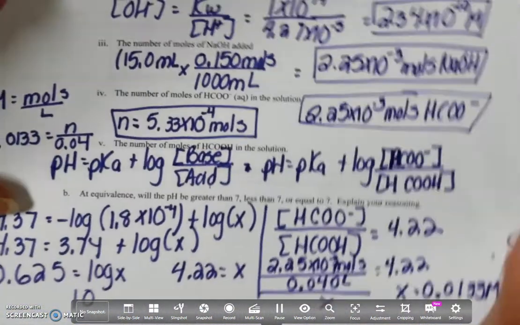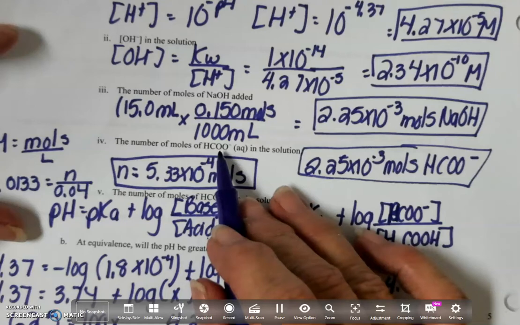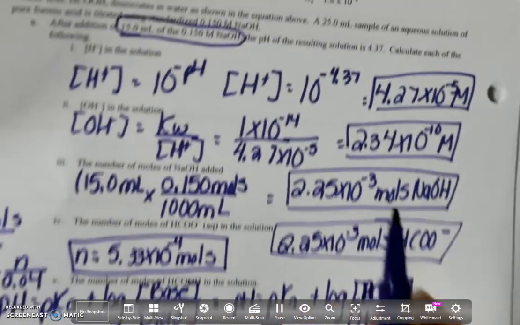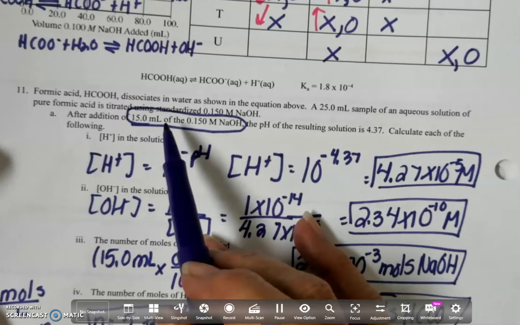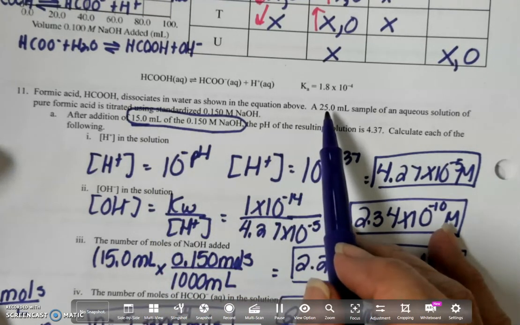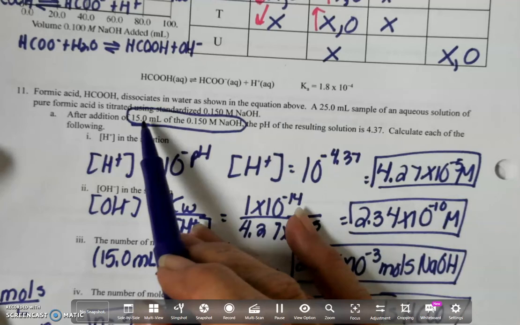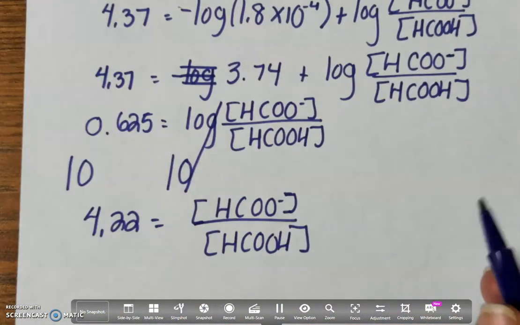Now, I don't necessarily have my concentration. What did we calculate over here? When we did this problem, we calculated the number of moles of this, and I need to look at what the volume of my solution is. I've got 15 milliliters and 25 milliliters, so 25 plus 15 is 40 milliliters altogether.